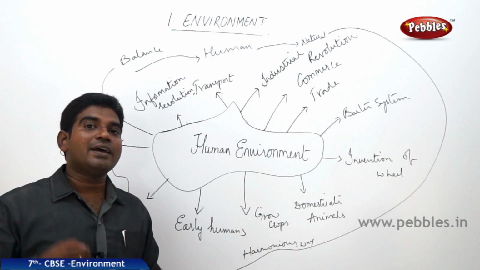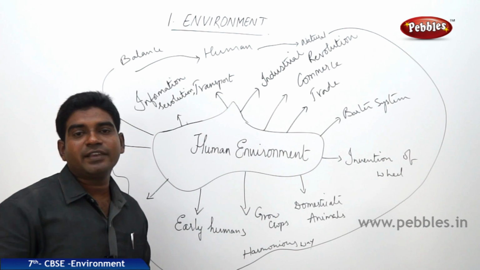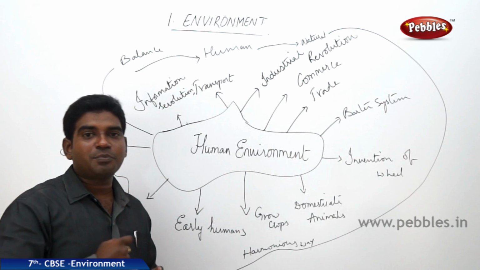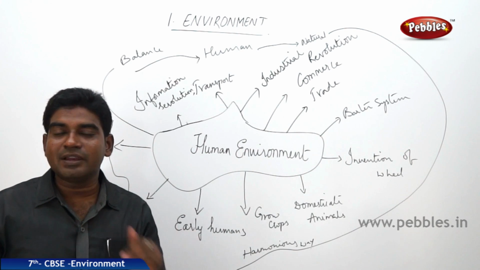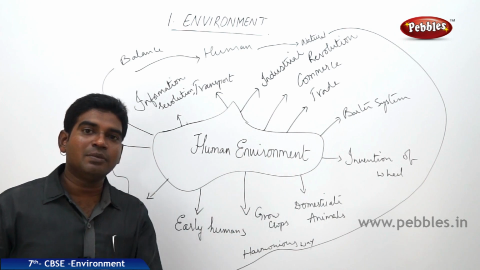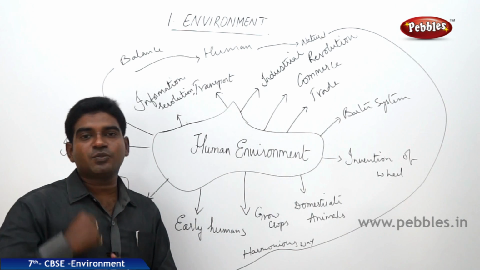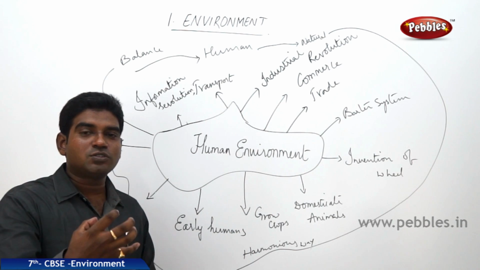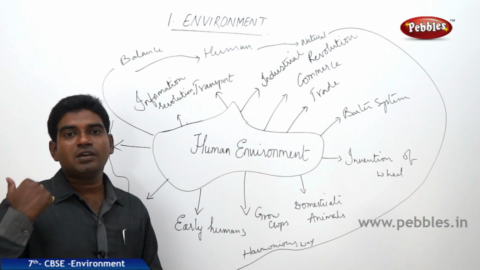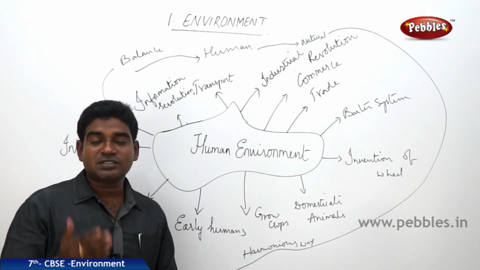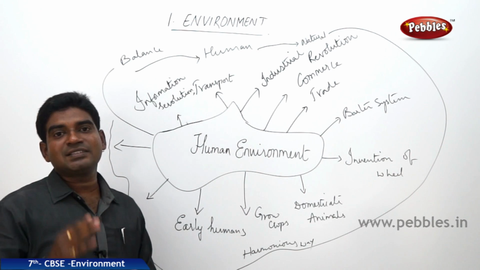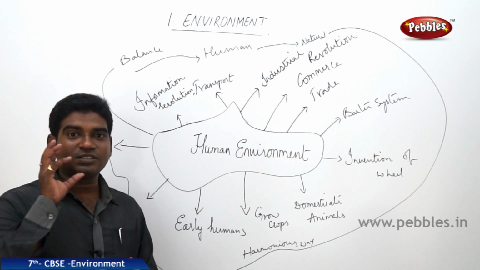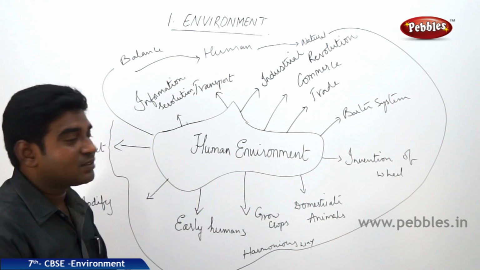A person who has more rice would like to exchange the product with a person who has milk or a cow who can give him milk daily, or who has vegetables. So interchange of goods as per the requirement is called the barter system. This system was in place before the price system.